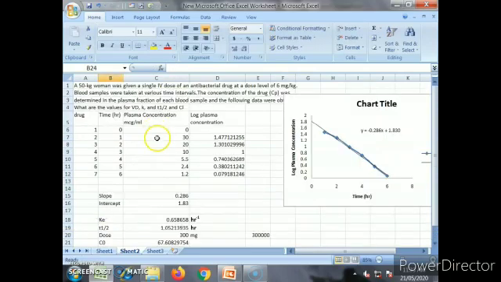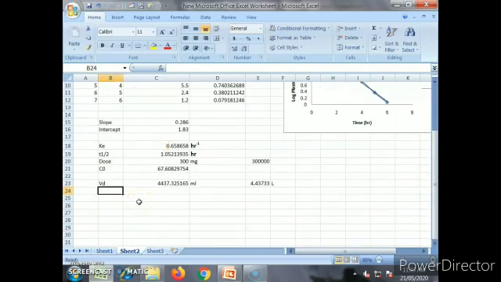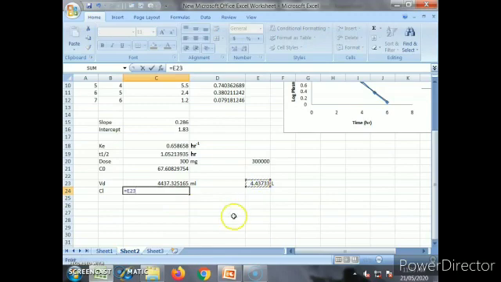Then next we have to remove the clearance. The formula to remove the clearance is Vd into Ke. So we'll take this value, Vd into Ke.